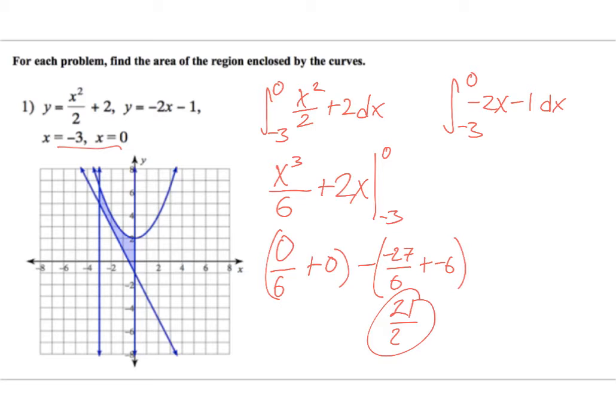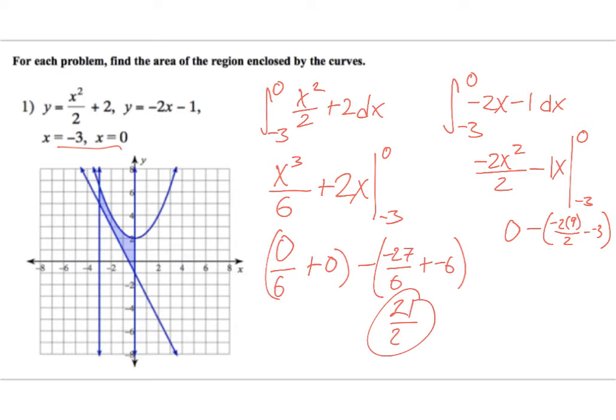Okay, for the other one, we're looking at negative 2x minus 1, the antiderivative of which would be negative 2x squared over 2 minus 1x, and we are evaluating that at negative 3 and 0. Again, we're going to have 0 and then minus negative 2 times 9 over 2 minus negative 3.